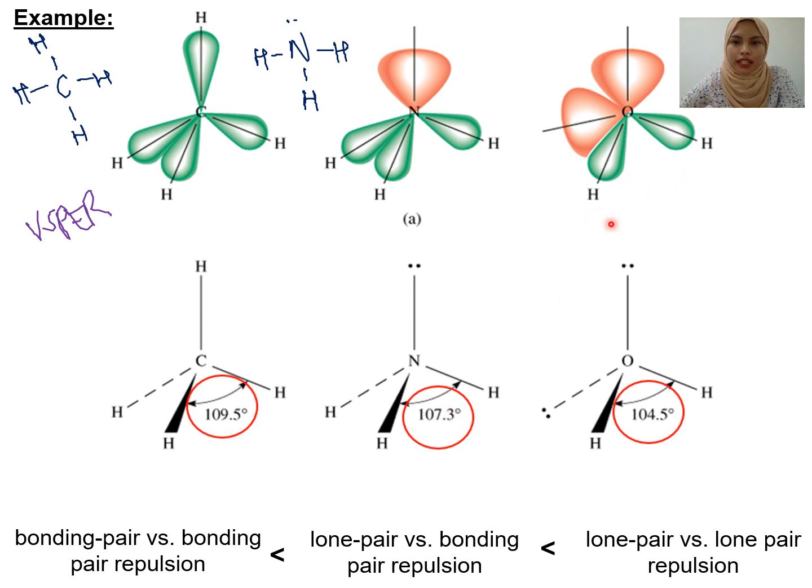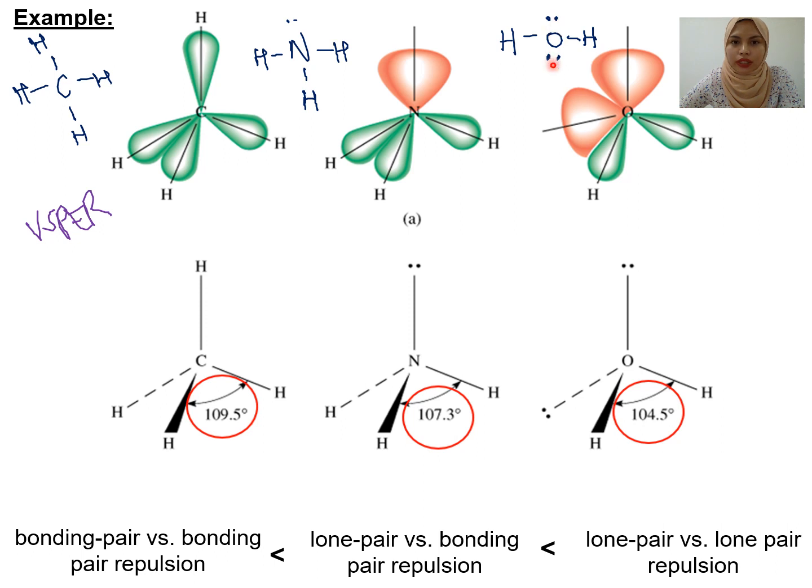Next is H2O. If you draw its Lewis structure, you will know the central atom is oxygen and it will have 1, 2, 3, 4 electron pairs.